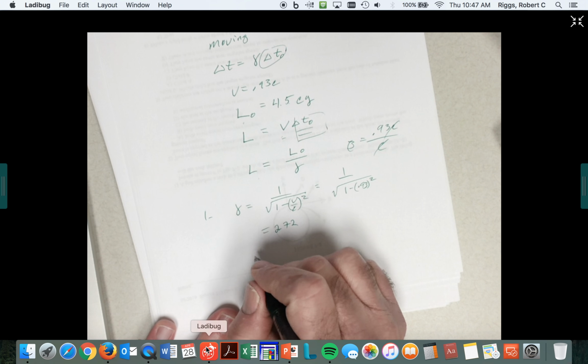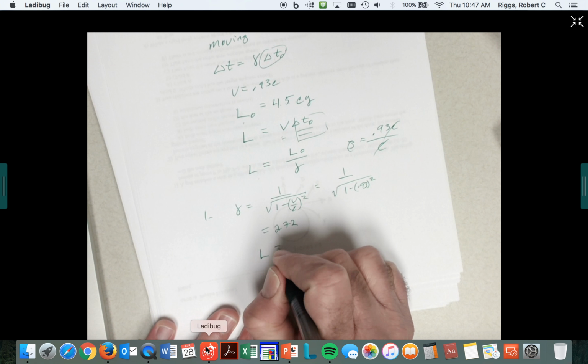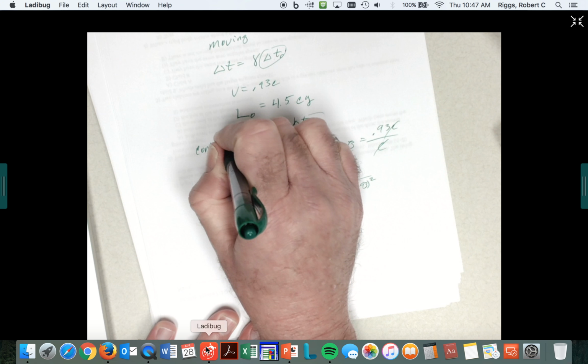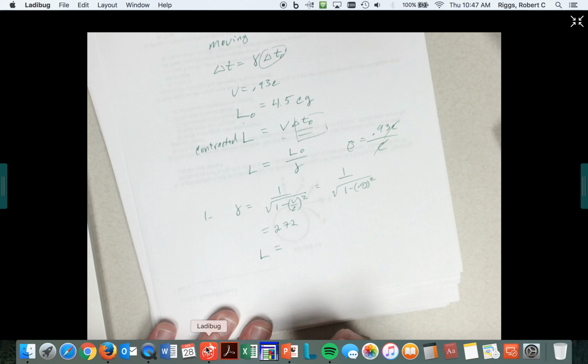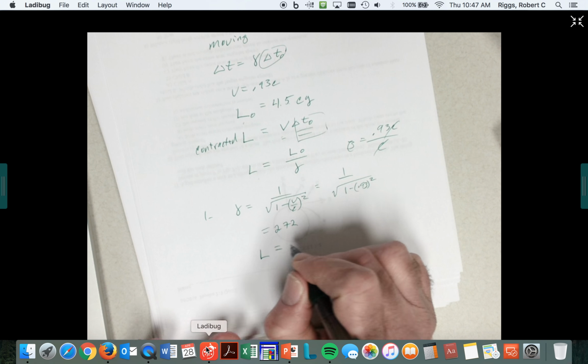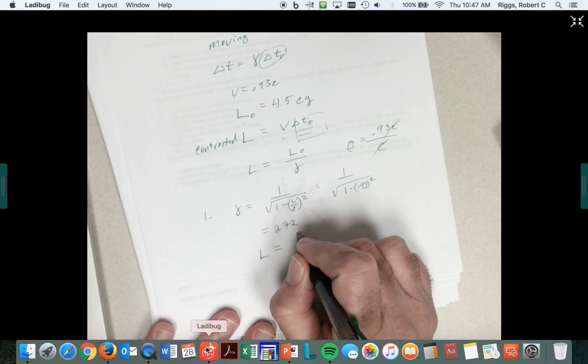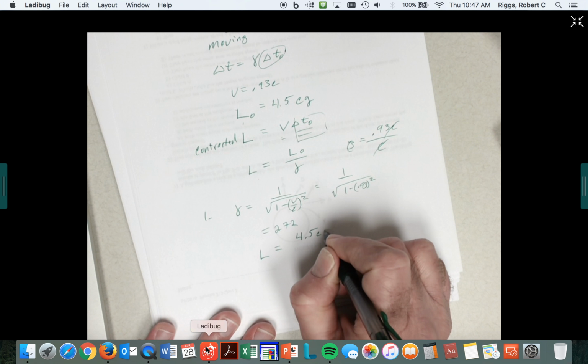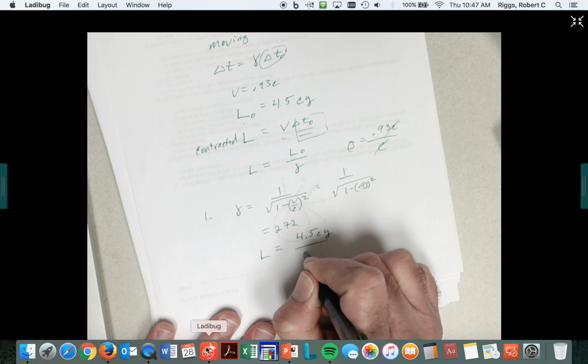So my contracted length is equal to 4.5 light years divided by 2.72.